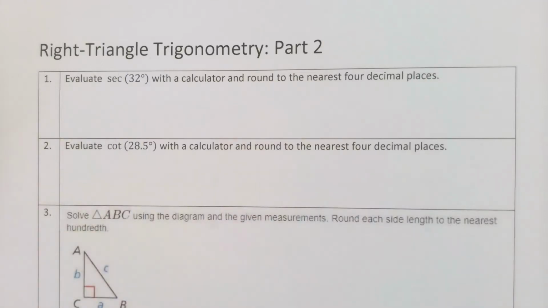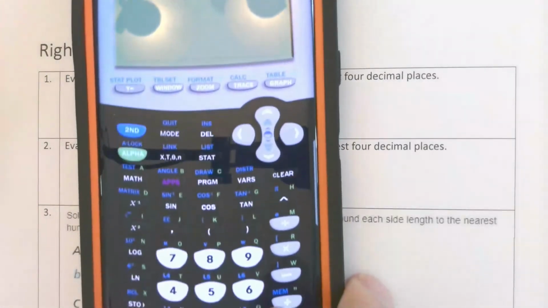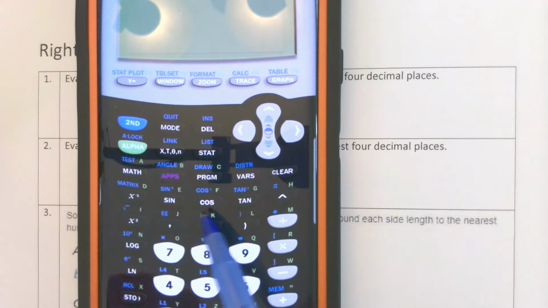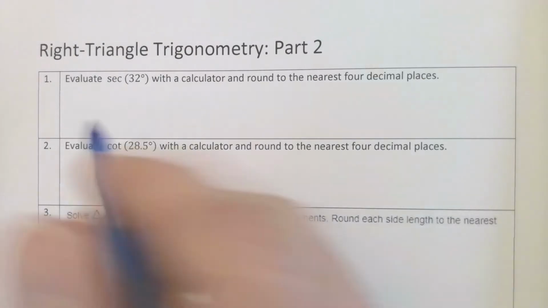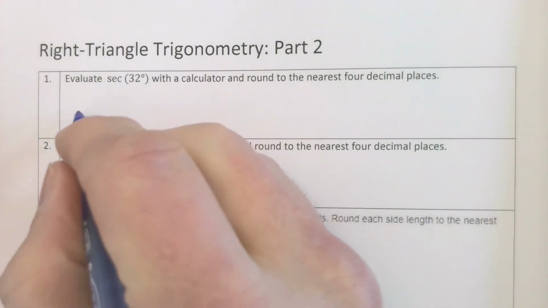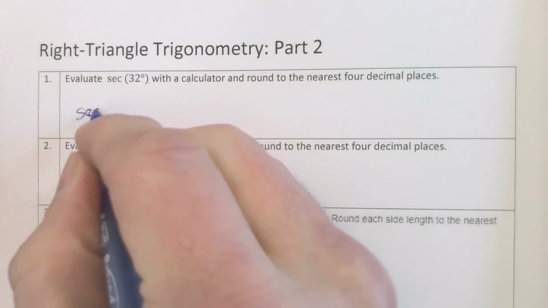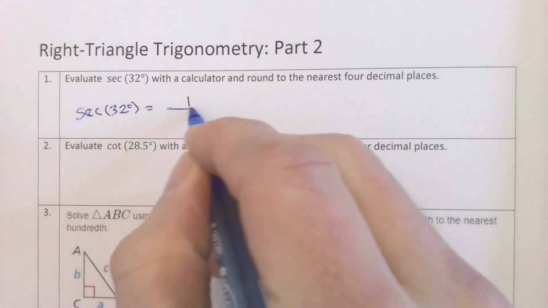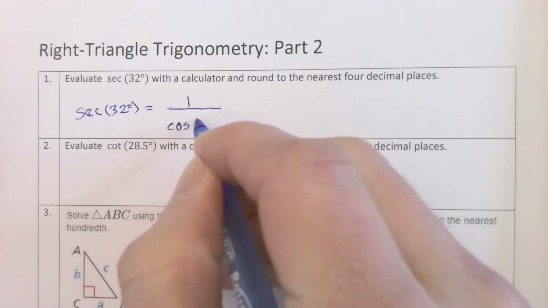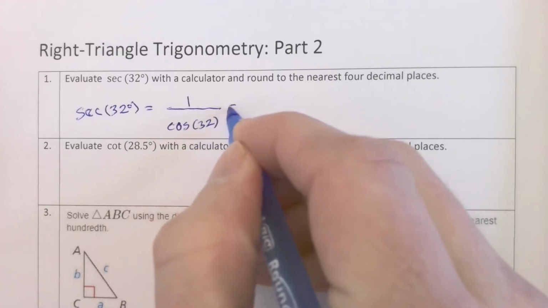So secant, I look on my calculator and I see sine, cosine, and tangent, but I don't see a secant button. The way that we get to that is, remember, secant is 1 over cosine. So secant of 32 degrees is 1 over the cosine of 32 degrees, and that is something I can dial up on my calculator.